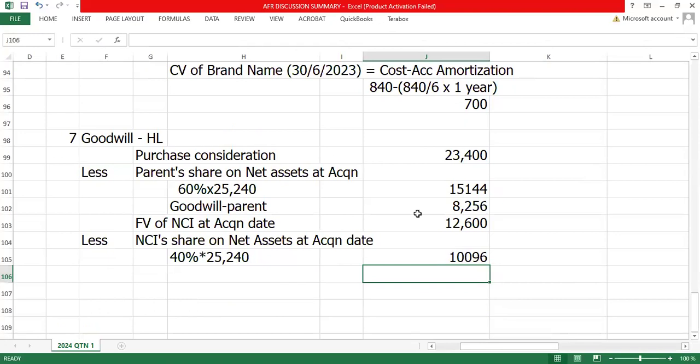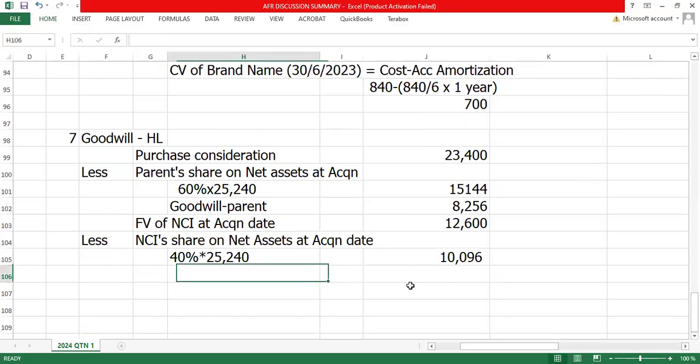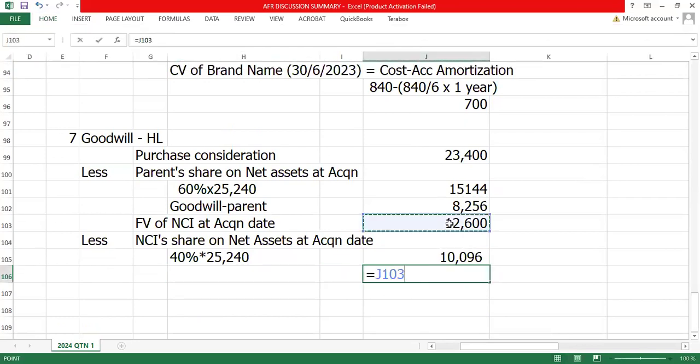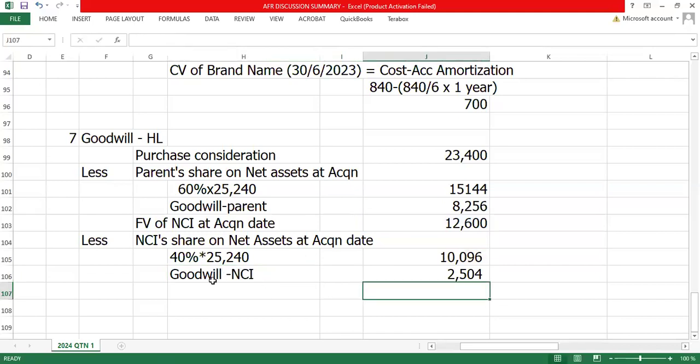That's what you have. Then what is the NCI's goodwill? This is the goodwill of NCI, and it is positive.